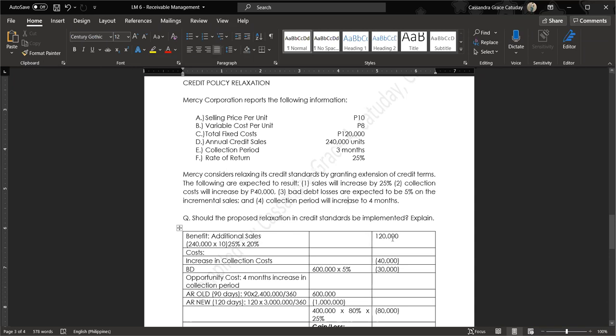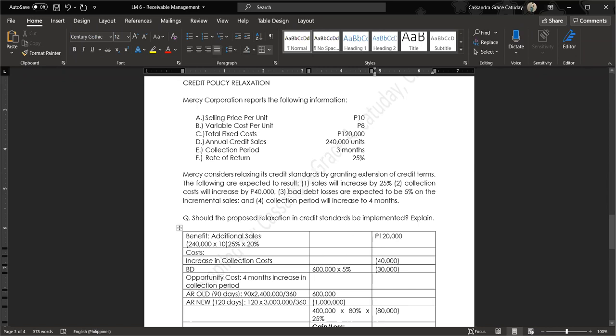So we will get 120,000 pesos, the increase in contribution margin. Okay, is it clear? Yes, ma'am. Okay, good. So for the next expected result, collection cost will increase by 40,000. Because this is a cost, it is a deduction from our advantage. So negative 40,000.